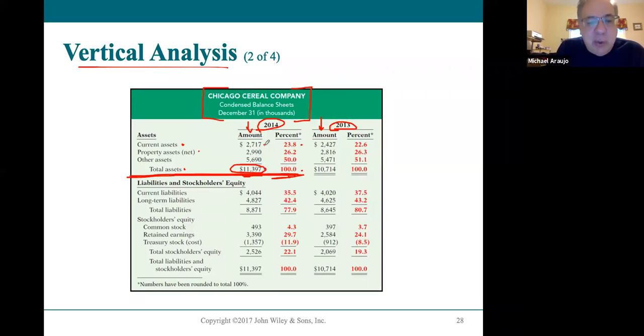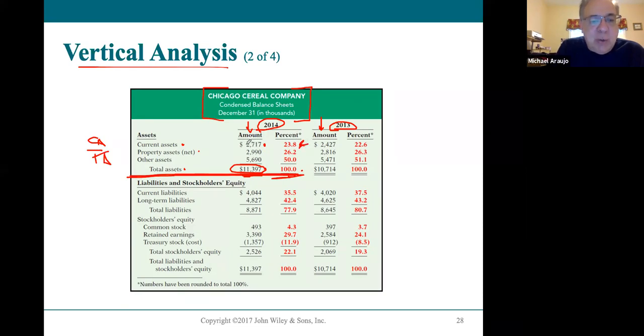They have $2,717 of current assets. What percent of the total assets are current assets? So you take the current assets and you divide it by the total assets, and you get the percentage.